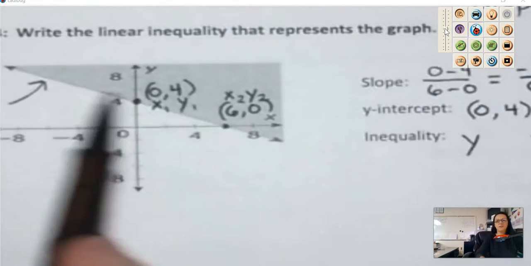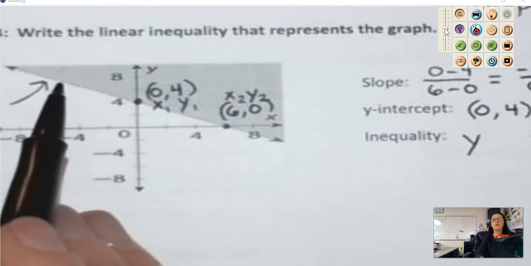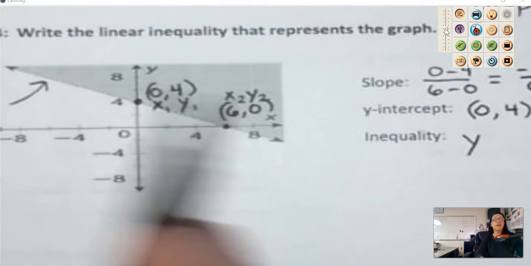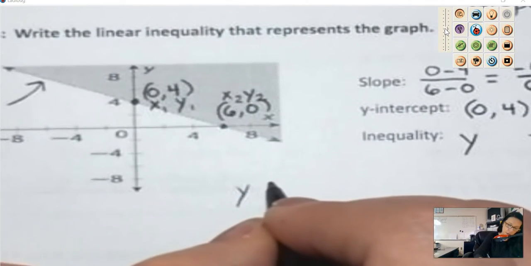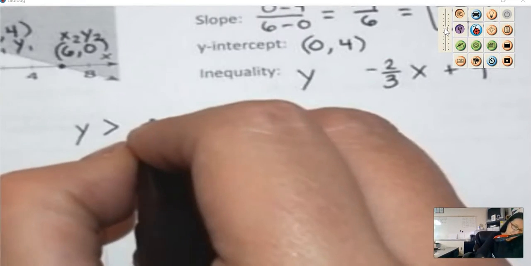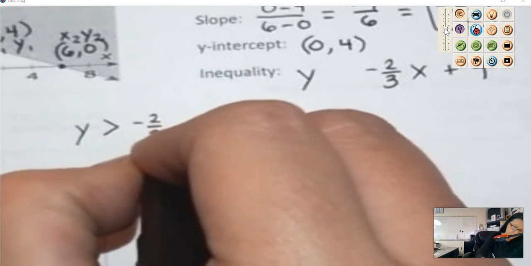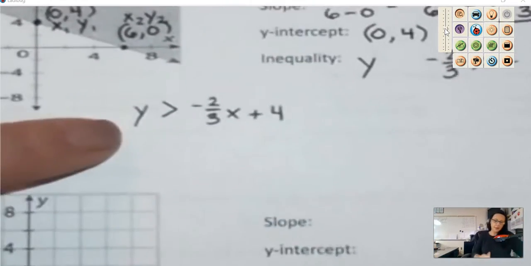Okay, first, you can usually look at it and assume what it is, but we will test just to be careful. So the shading is above the line, so I'm going to assume that it's probably going to be y is greater than negative 2/3 x plus 4. Okay, this is what I'm about to test though.